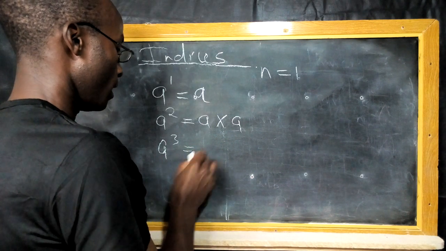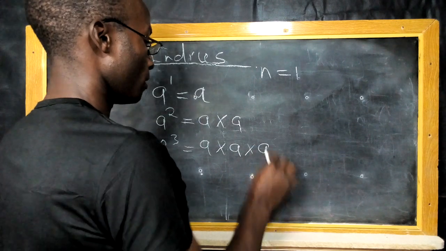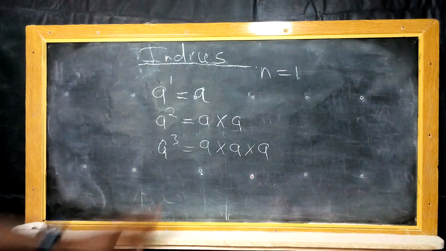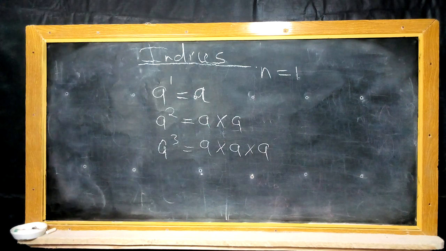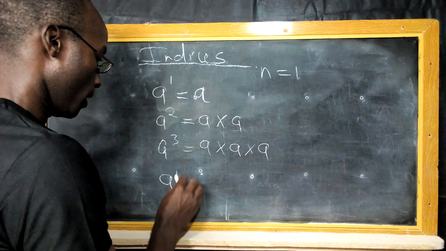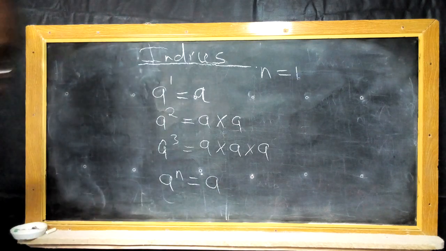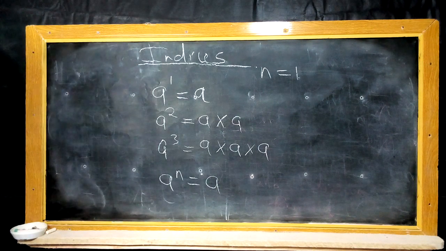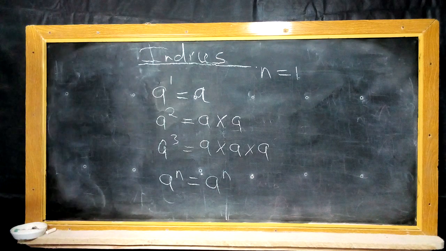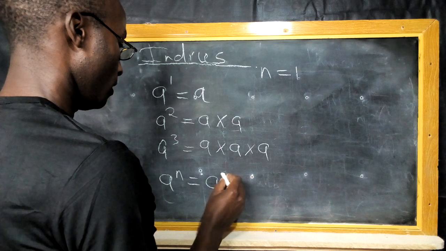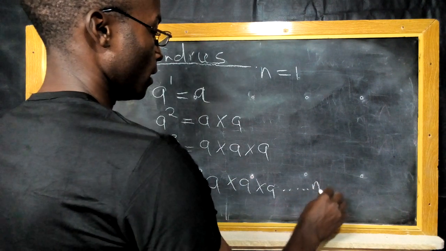A raised to 3 is a times a times a. So as the value of the exponent increases, that particular number is multiplied by the same value. This value of n can be increased to a very large number, and then that expression will be given as a raised to n. It just starts from the initial a times a times a, n times.